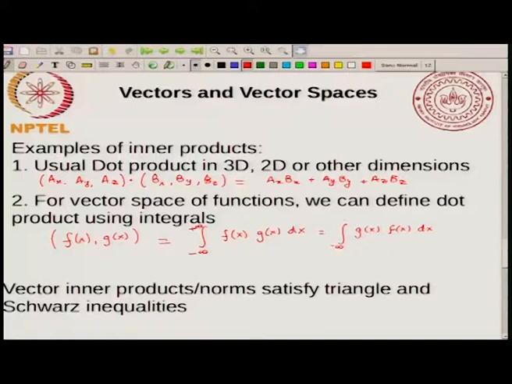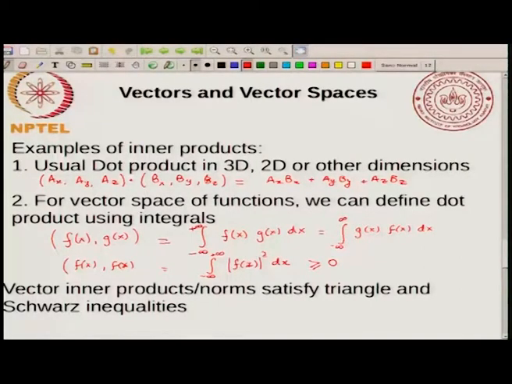And also we notice that f of x comma f of x is equal to the integral from minus infinity to plus infinity of f of x square dx, which is greater than or equal to 0. Since the square of a function has to be greater than or equal to 0, the integral of the square of the function has to be greater than or equal to 0. In fact, it is 0 only when f of x is 0. So, this is a valid definition of an inner product for a space of functions.